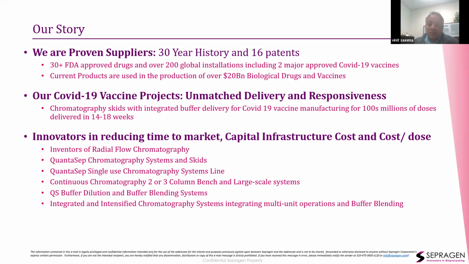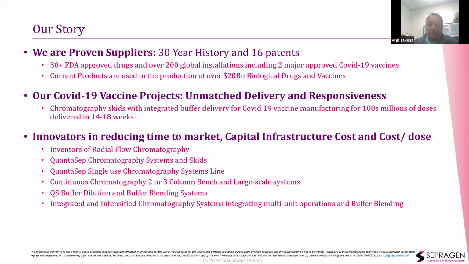So as a company, we are inventors of radial flow chromatography. We are innovators, and our products are used to reduce time to market, reduce infrastructure costs and cost of goods, and improve workflow.